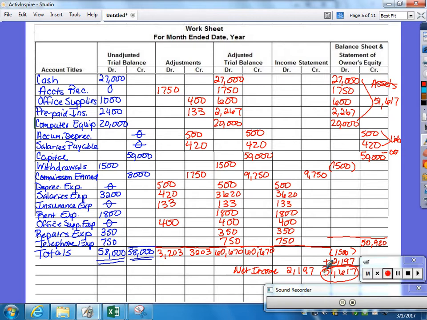Okay, so added liabilities plus owner's equity, subtracted withdrawals, and added net income. Do you all have this? Hang on.